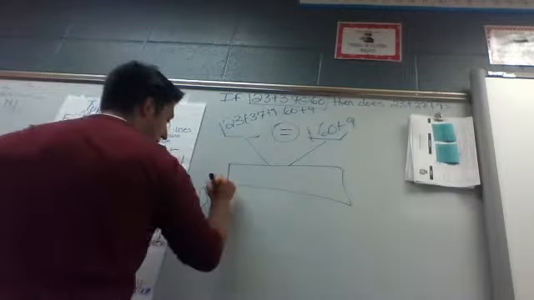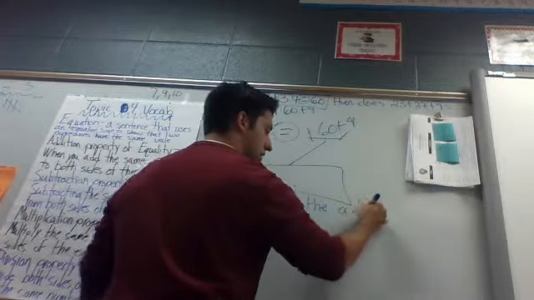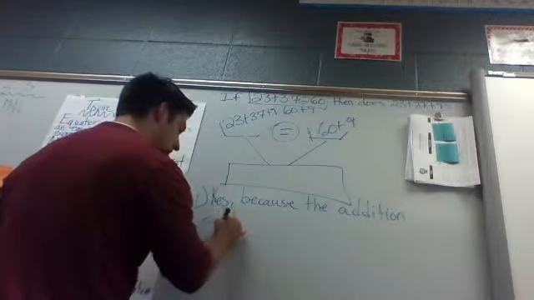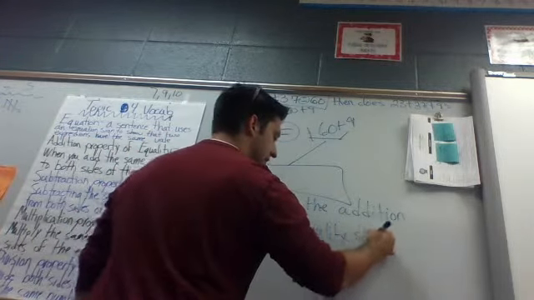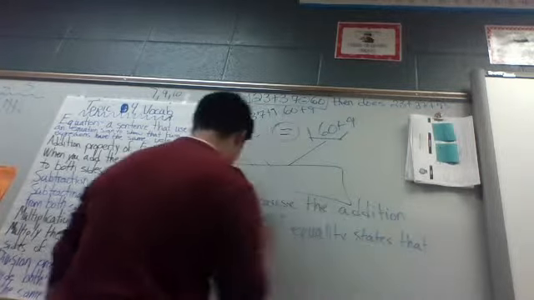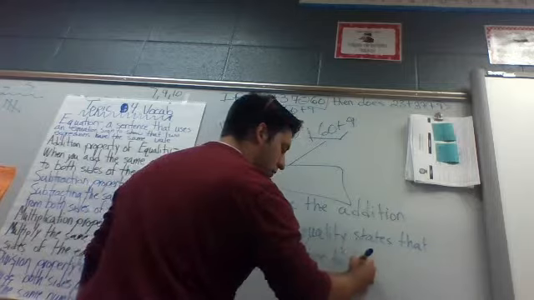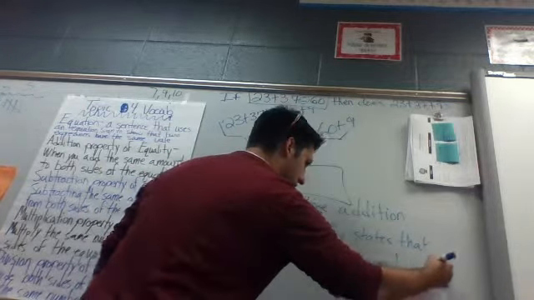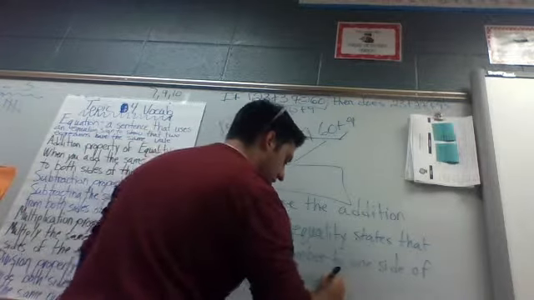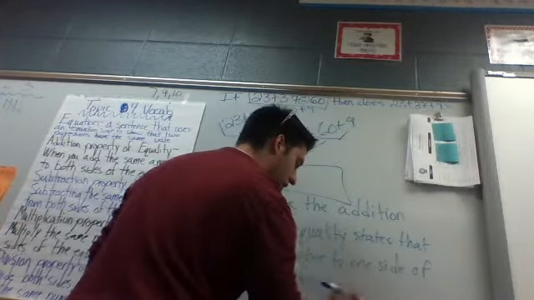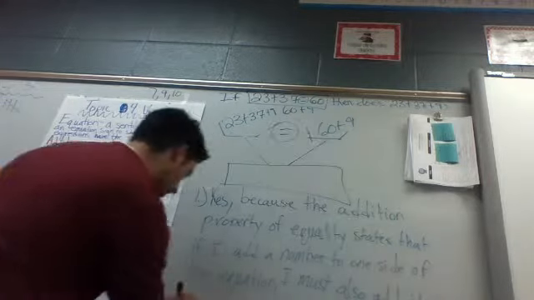Now I'm going to model for you exactly how I want you to answer these problems. Yes, these do equal each other because, write this down with me, the addition property of equality states that if I add a number to one side of the equation, I must also add it to the other side.